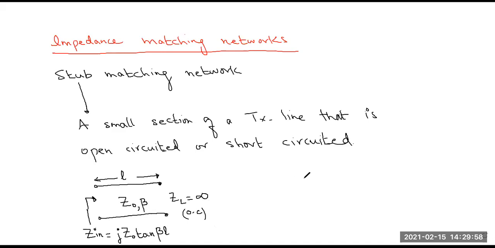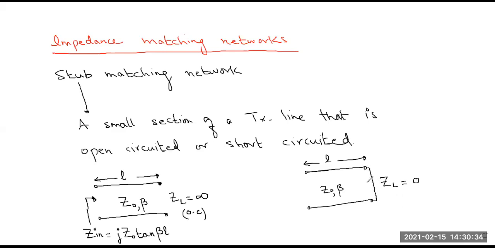Similarly, we also covered that if we consider the same transmission line piece with these properties, and you connect its two terminals directly together with a small wire, it is as if the load impedance is equal to 0.